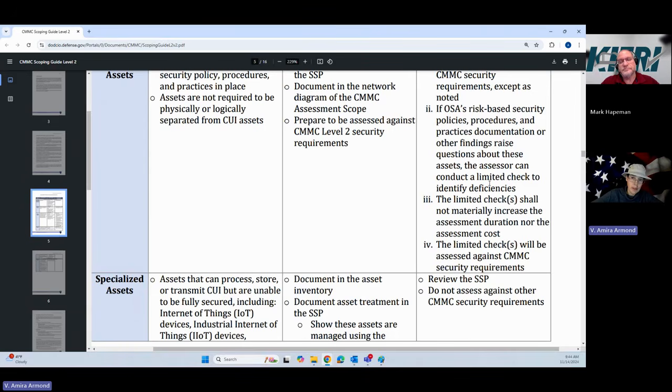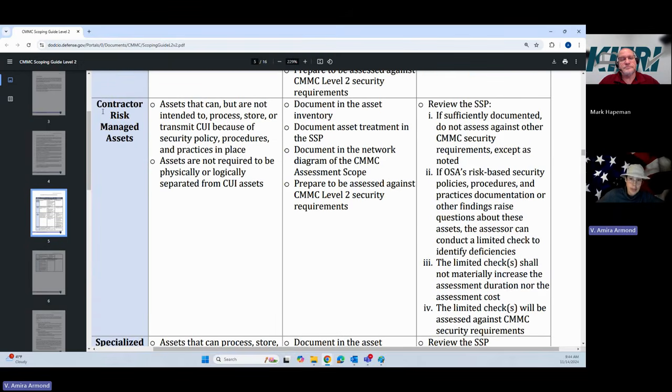So if we're reading how you're doing malware protection, and you talk about your CUI assets, and you say the way we do it is by this antivirus, and this other type of CUI asset, we do it this way, and then we get to your CRMA, and you don't talk about anything.